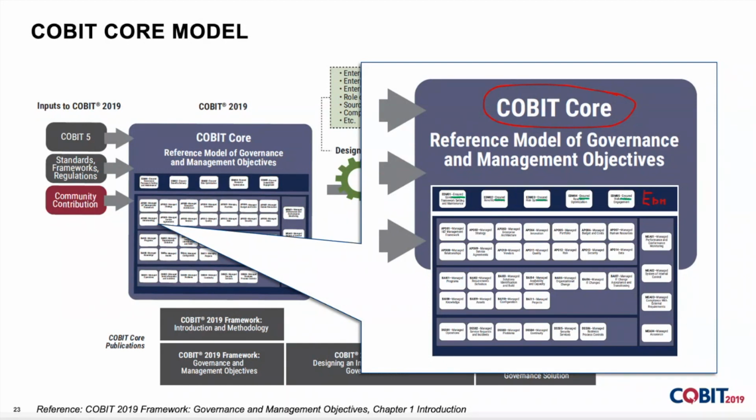But the word ensured gives you an immediate indication that this is going to be one of the EDM domains. All of the other controls will start with the word managed, and therefore it's very easy to separate between the 2. So it makes it quite simple to see which kind of control we're talking about.